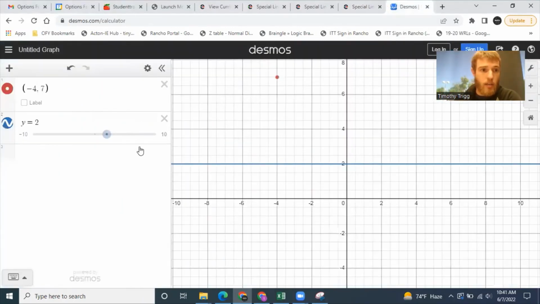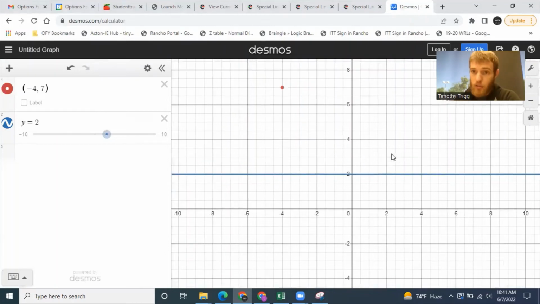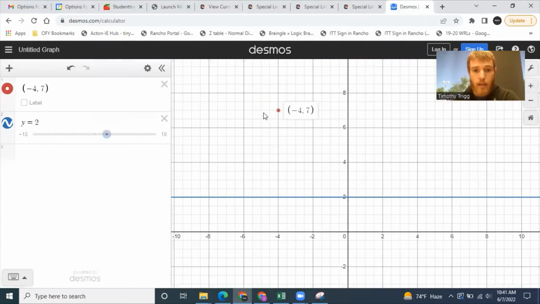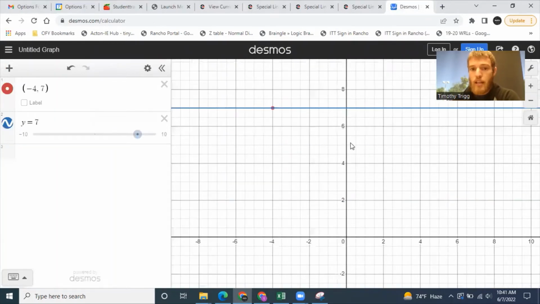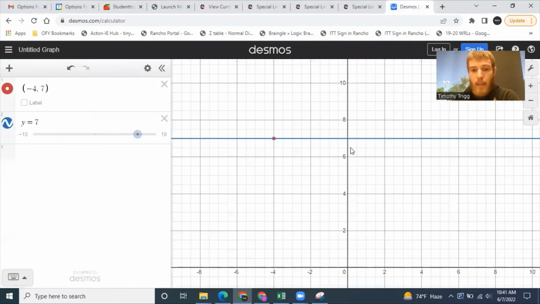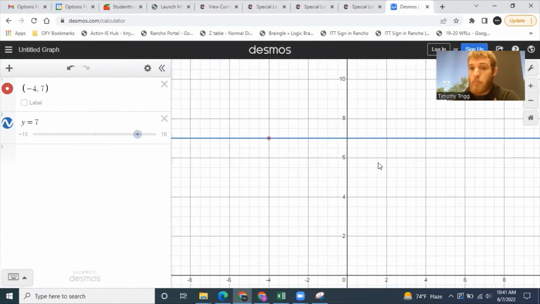Let's go ahead and go to Desmos. I want a line that passes through -4, 7, and I need it to be perpendicular to the y-axis. So here I've got my point, -4, 7, and it'll be y equals, in this case, 7. Notice that the y-axis and this horizontal line are perpendicular.